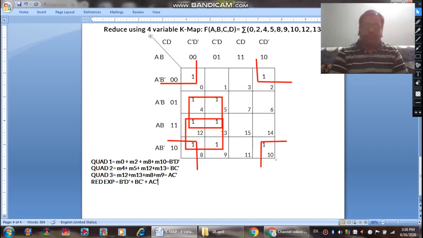Now, when we talk about the questions that are being asked in the board examination, in the K-map, we have to first reduce by using the K-map, and then we have to draw the logic circuit diagram. So we should be drawing the logic circuit diagram now.